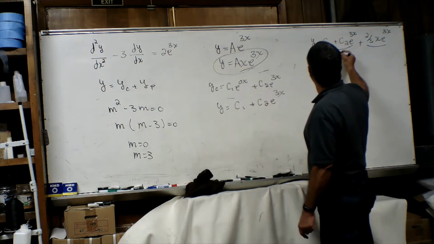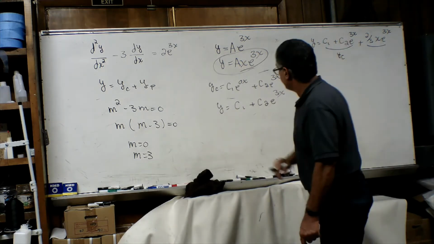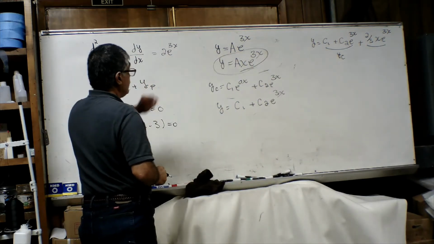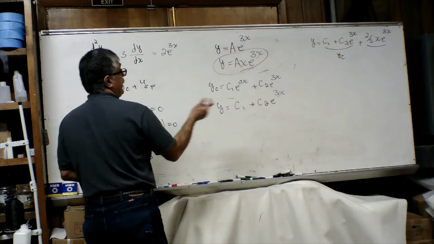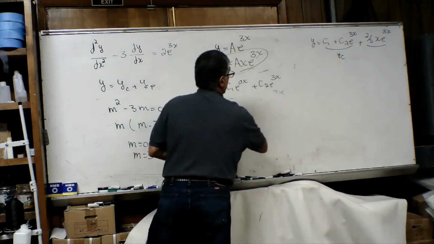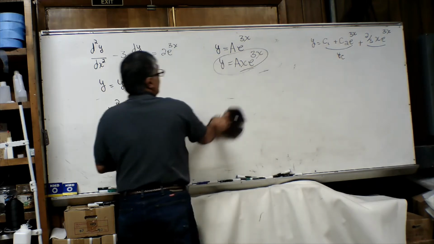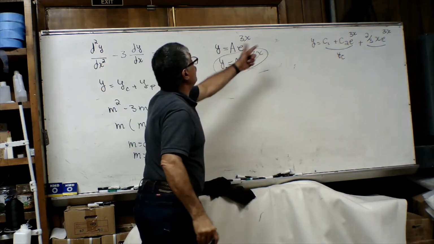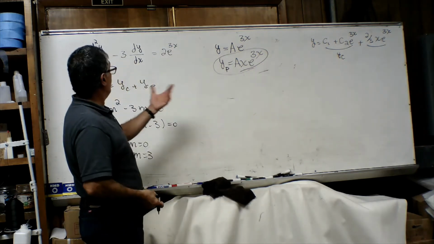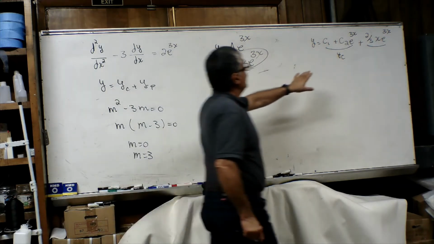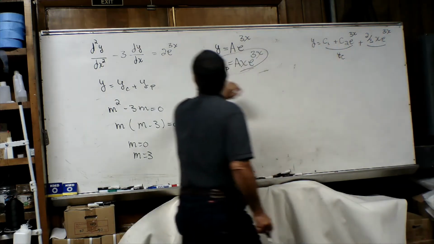So this is really yc right there. Now we need to find yp. To find yp, we have to assume yp equal to a x e to the power 3x, because we have a repeated solution here.